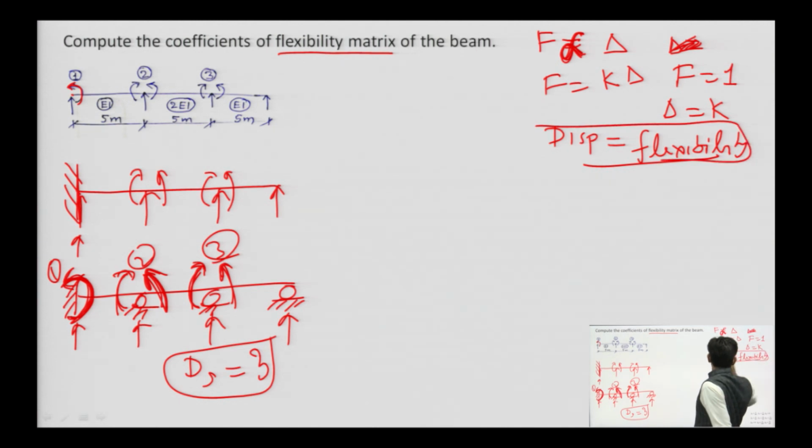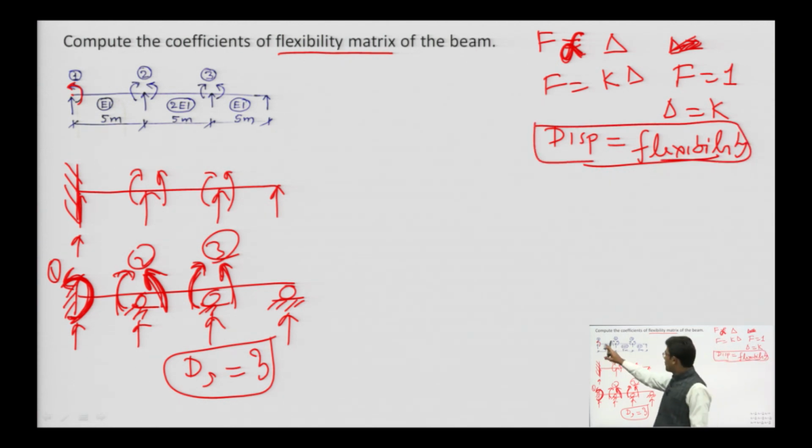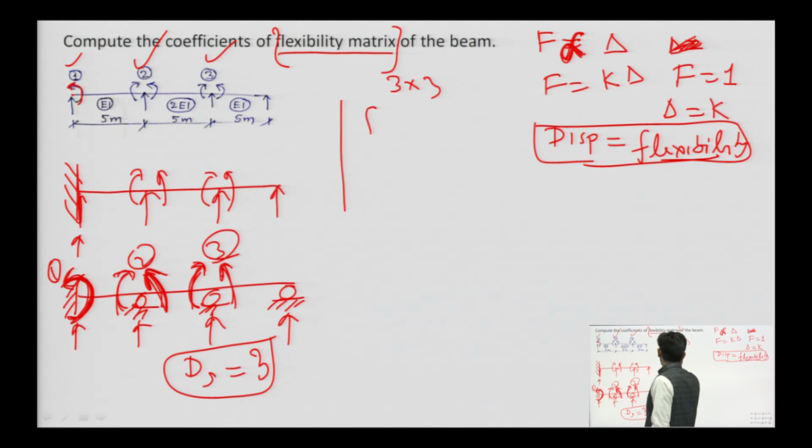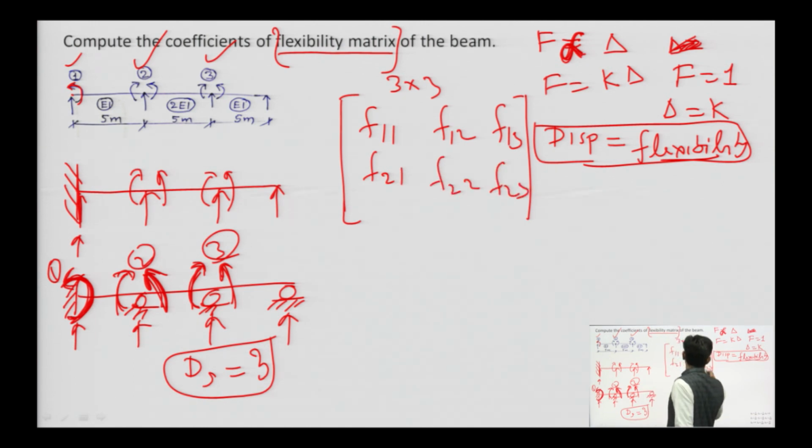So we will apply the unit loads one by one, and the displacement is to be considered here. Since we have 3 redundants, the order of the flexibility matrix will be 3 by 3, arranged as F11, F12, F13, then F21, F22, F23, and F31, F32, F33.